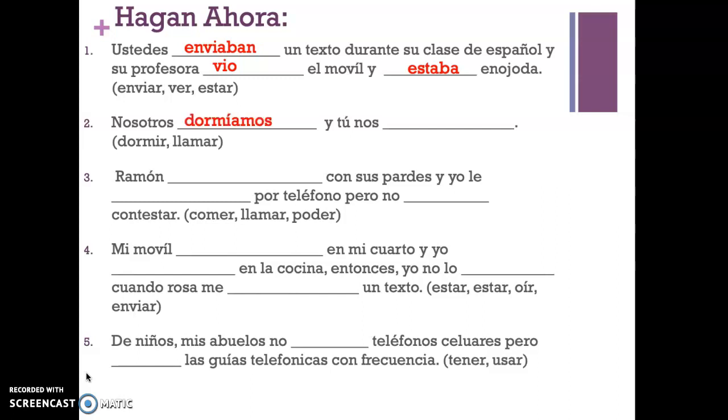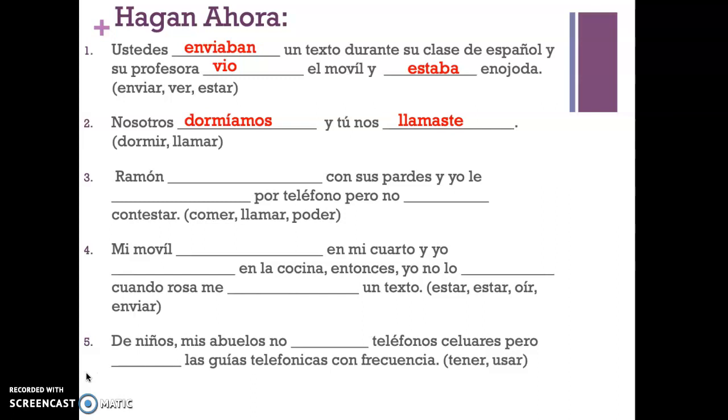We were sleeping should be in the imperfect because that was an ongoing action that was clearly interrupted by your phone call. You called us once. A single one-time event would be the preterite tense. So the form of llamar in the preterite tense should be llamaste. So you can clearly see there was an ongoing event that was ultimately interrupted by a phone call. Dormíamos and llamaste.